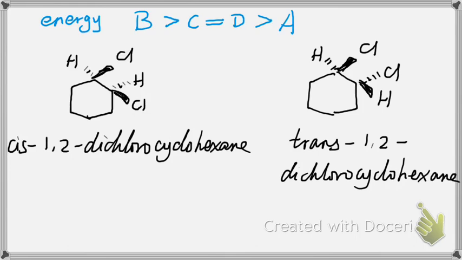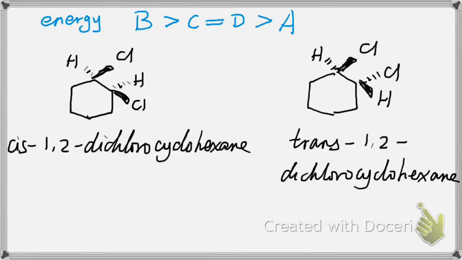All right, now I'm going to leave this to you. Can you draw the 2 chair conformations for cis 1,2? Can you draw the chair conformations for trans 1,2? And then you need to compare which one is stable.